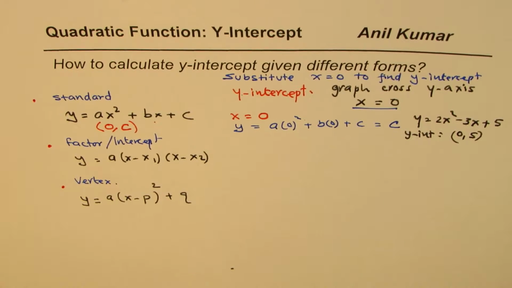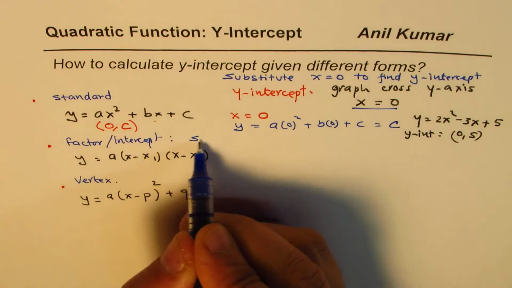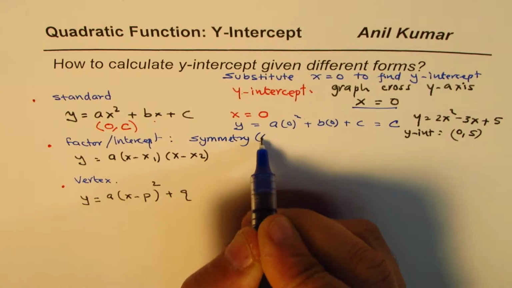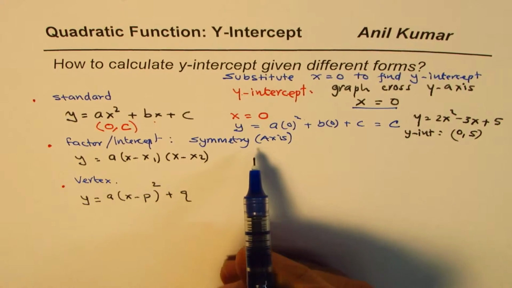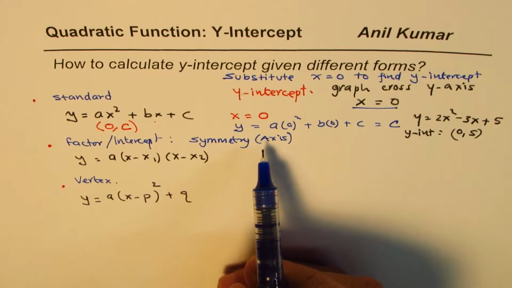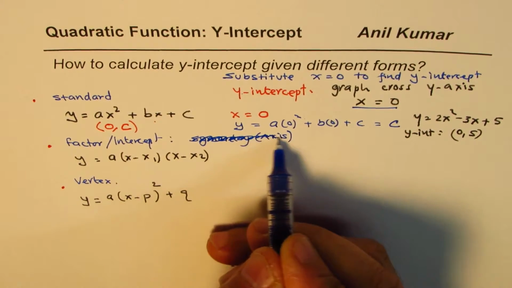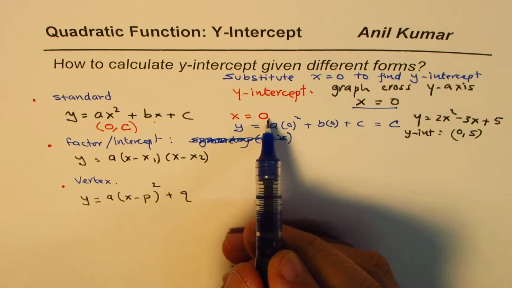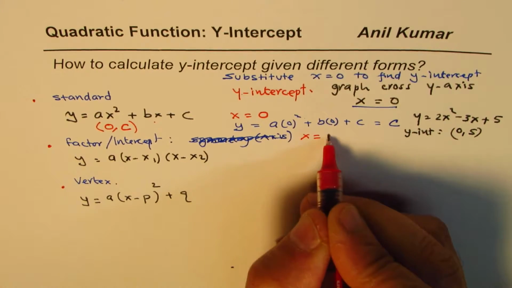Now when you have the factored form, we use the principle of symmetry, rather axis of symmetry. Okay, so well, I'm sorry, that's wrong. Okay, so we have to just substitute x equals 0 and then figure it out. Simple as that.